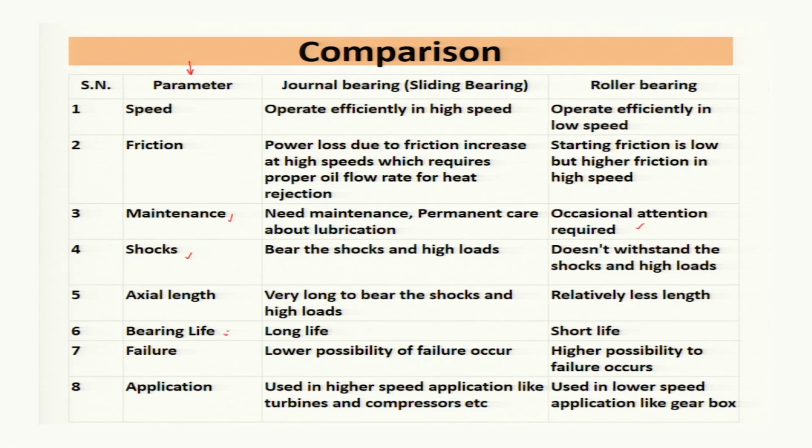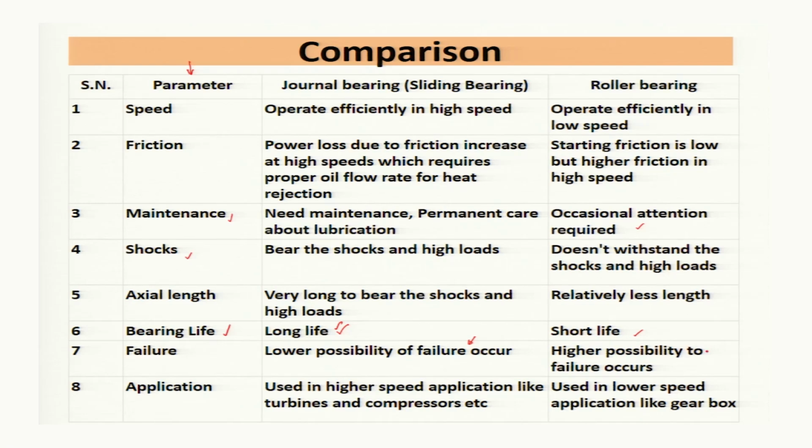Now, bearing life: as there is no contact between shaft and bearing in the sliding contact bearing, a longer life can be achieved if a continuous supply of lubricant is maintained. For the rolling element bearing, comparatively short life is there. Failure: there is a lower possibility of failure if a continuous supply of lubricant is there.